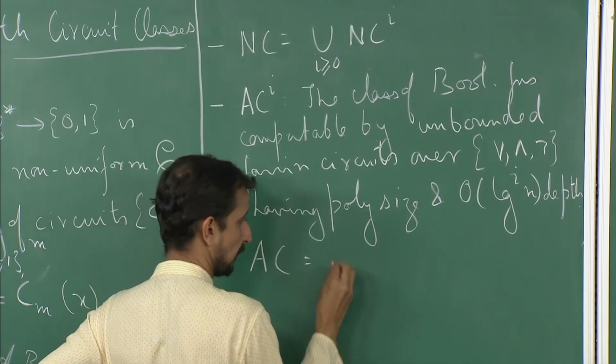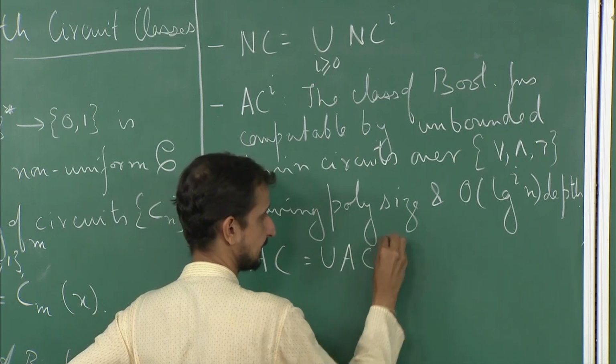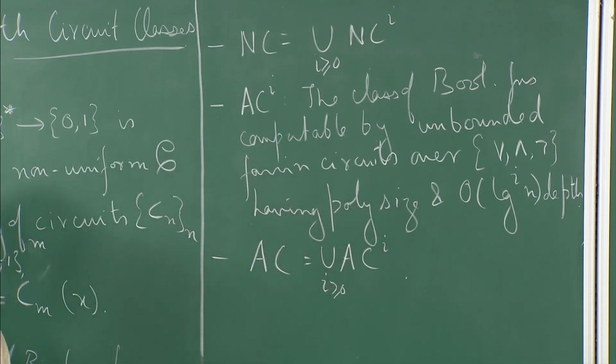And analogously, AC is the union over all AC^i for i greater than or equal to 0.